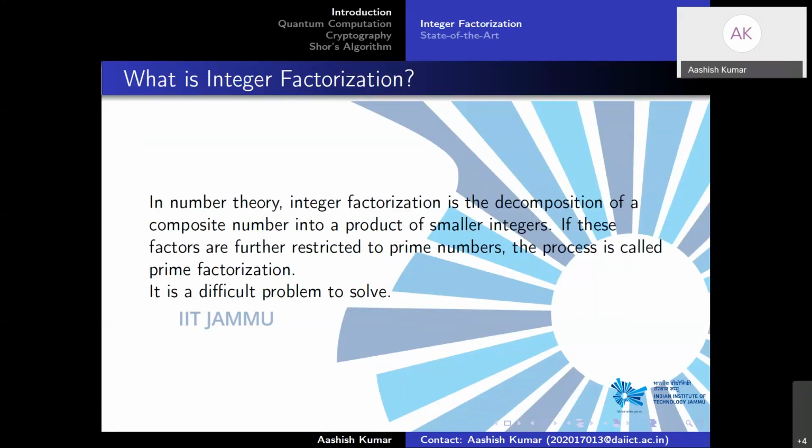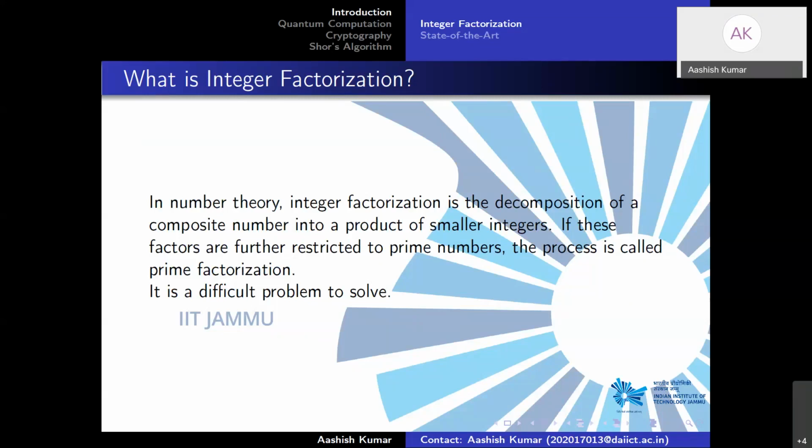Then we'll talk about classical computers being slow for some problems, and how quantum computation would do that very fast compared to classical computers. Then we'll briefly touch on cryptography and how prime numbers are used in it. After that, I'll introduce Shor's algorithm in the quantum realm, and then I'll wrap up my presentation.